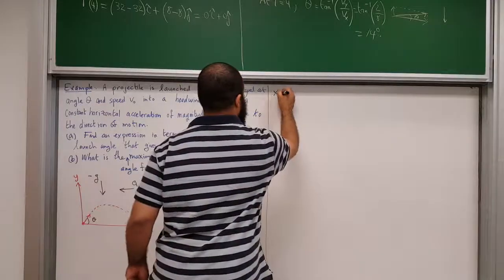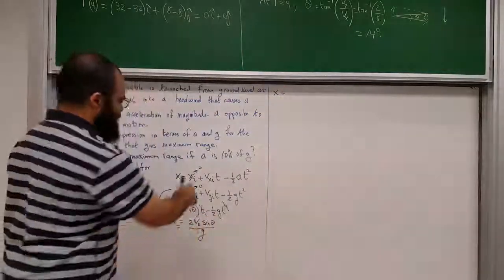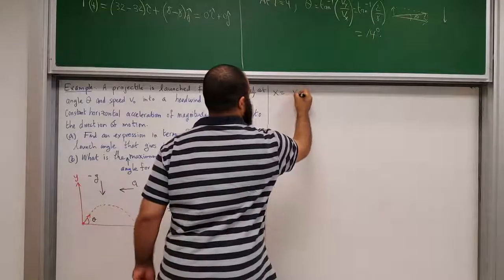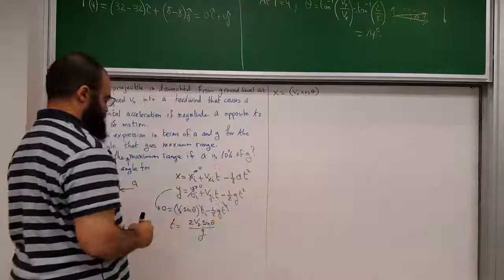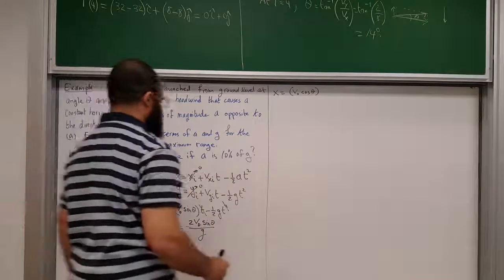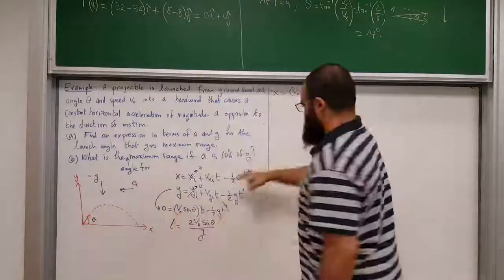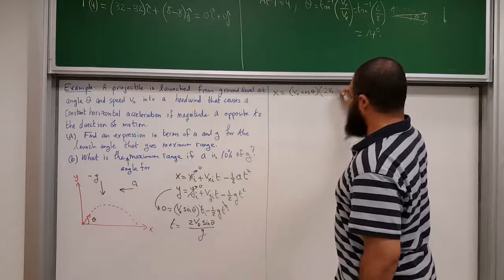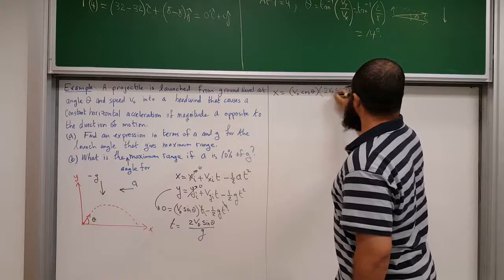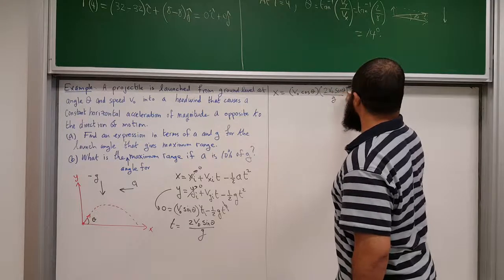So I have x equal to vx initial, that's v initial times the cosine of theta, times the time, which is 2 v initial times the sine of theta divided by g.